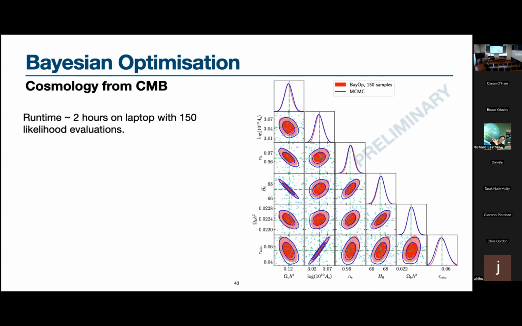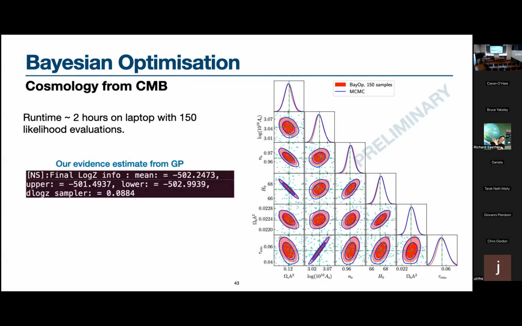But what we want here is not just the parameter posteriors, but also the evidence. So the Bayesian evidence here. For this, we can get an estimate from a Gaussian process by simply running a nested sampler on the final prediction of the Gaussian process. So using the mean, we get some number. And then we also have the upper and lower limits, which take into account the uncertainty of the Gaussian process itself.